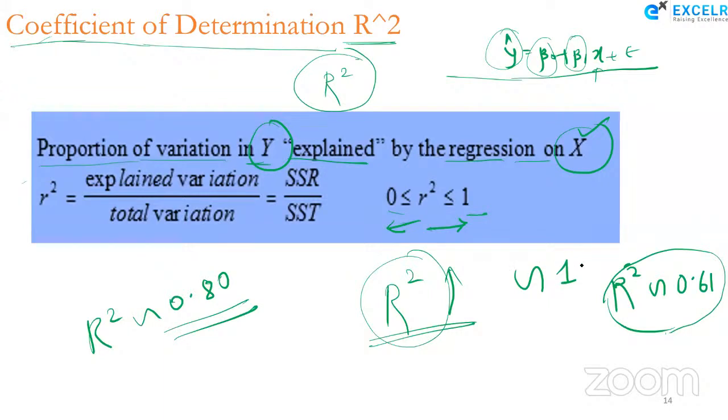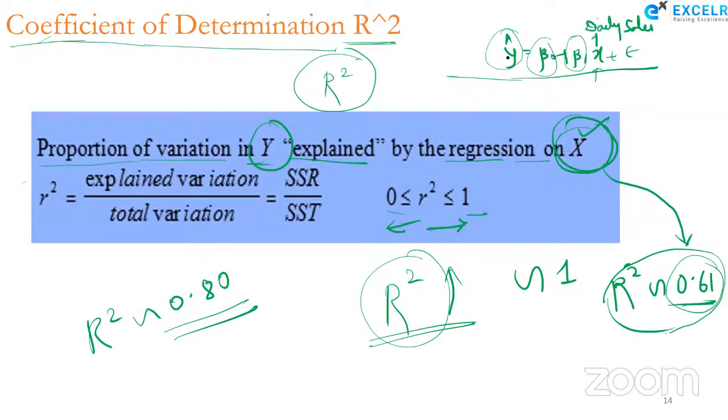So the R square value also tells that x alone is not able to explain the complete variation in y, and that is the reason it is getting a lower score. In this particular example, x is what? Your daily sales.